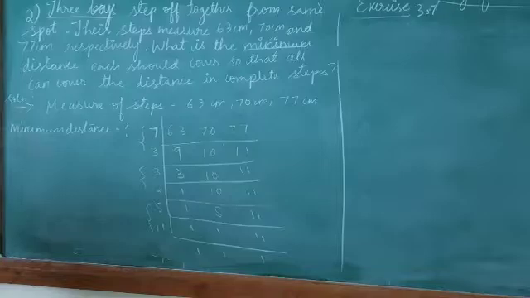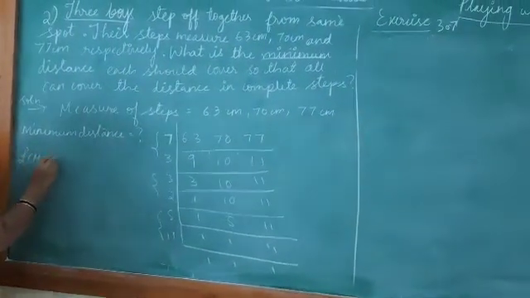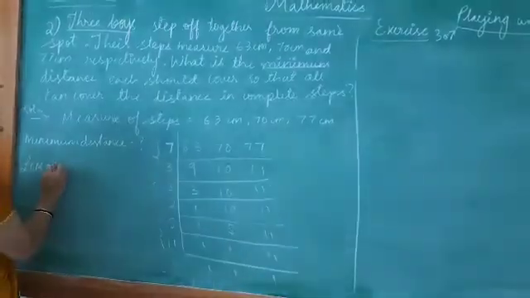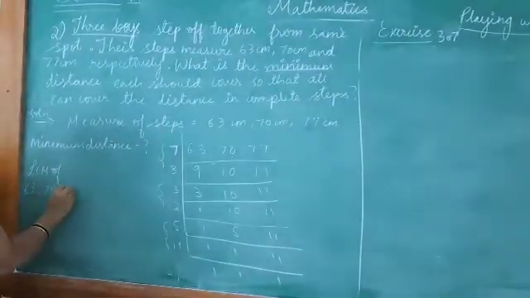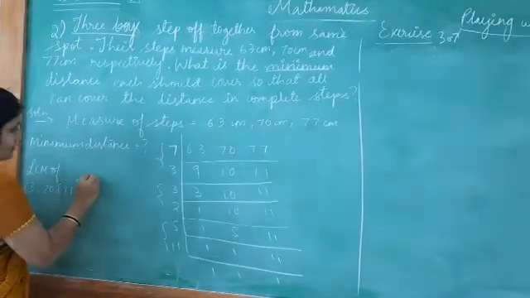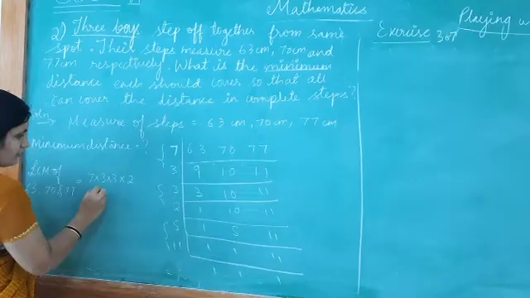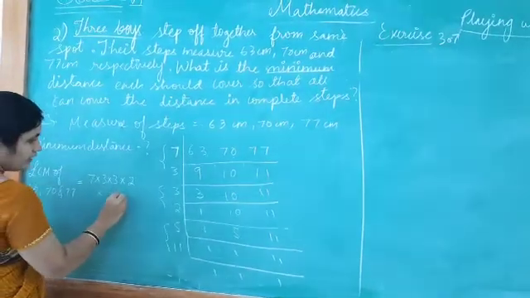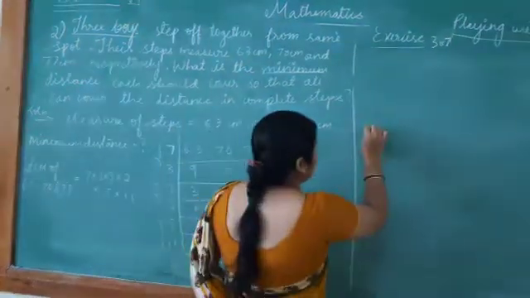Now let me multiply these to find out the LCM. LCM of 63, 70 and 77 is equal to 7 into 3 into 3 into 2 into 5 into 11. Let me write once again here.